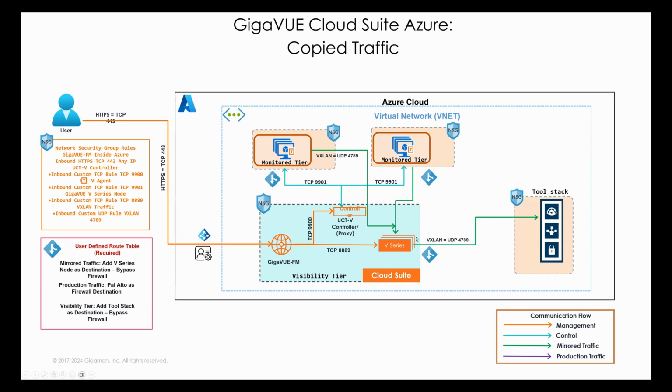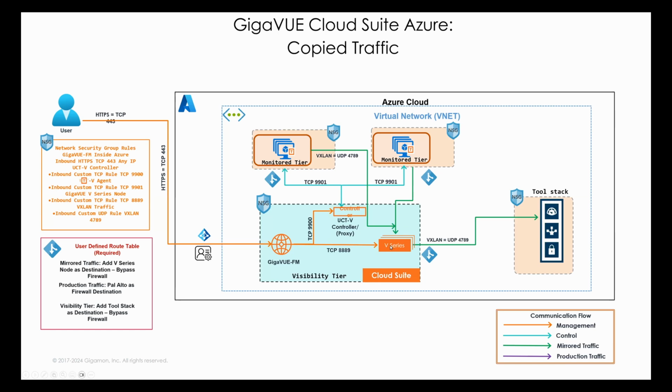For those of you out there who are familiar with our physical embedded products like our HC nodes or TA or type aggregators, the vSeries node is a virtualized instance of those physical appliances to where all your aggregated traffic will be routed to the vSeries node.